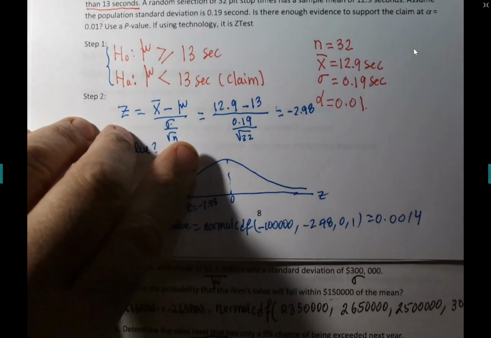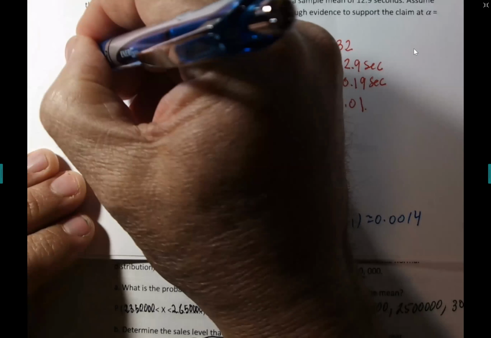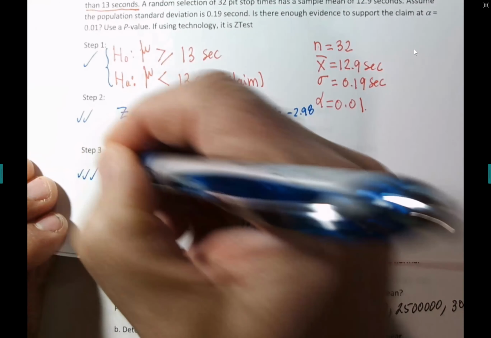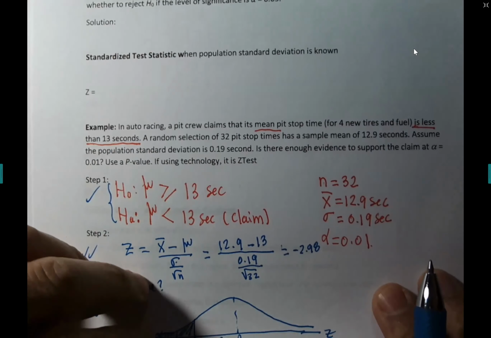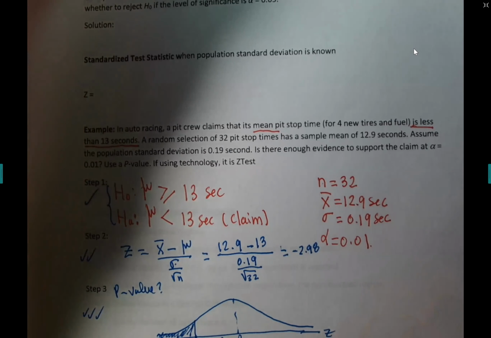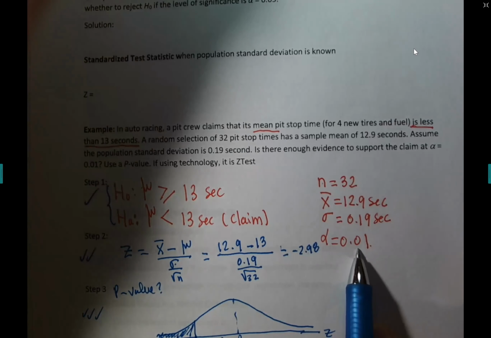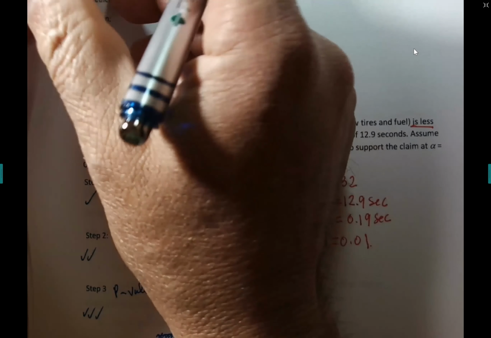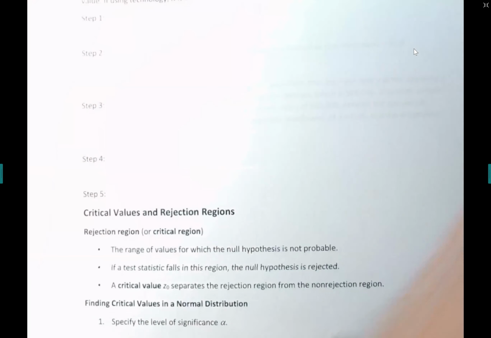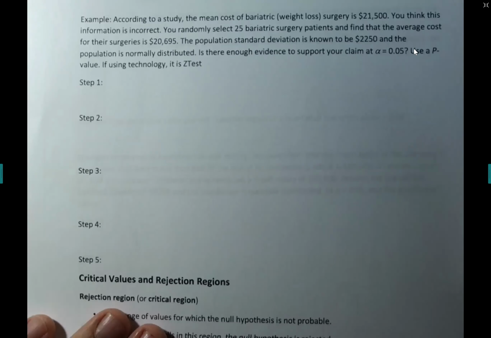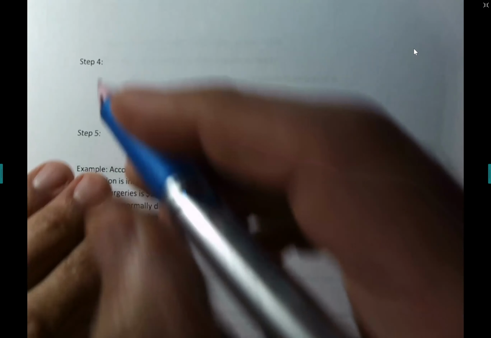Okay, are we good so far, guys? So step 1, step 2, step 3 is the p-value. Step 4, make a decision to reject H0 or fail to reject H0. And remember, alpha is 0.01. Just remember that. So let's compare in step 4. There you go. Step 4.